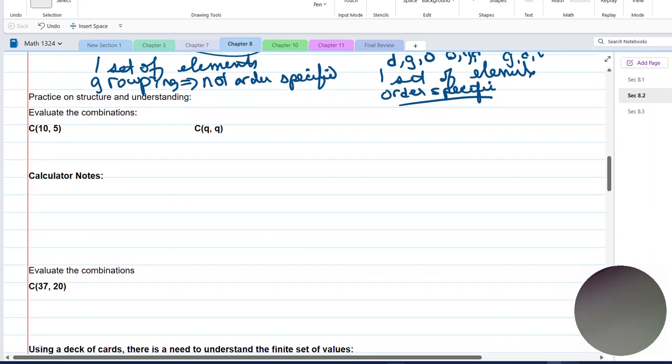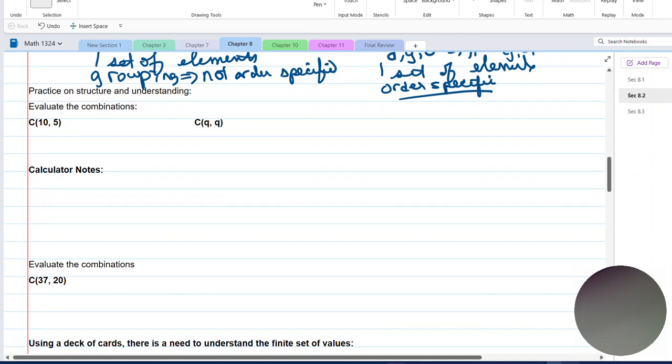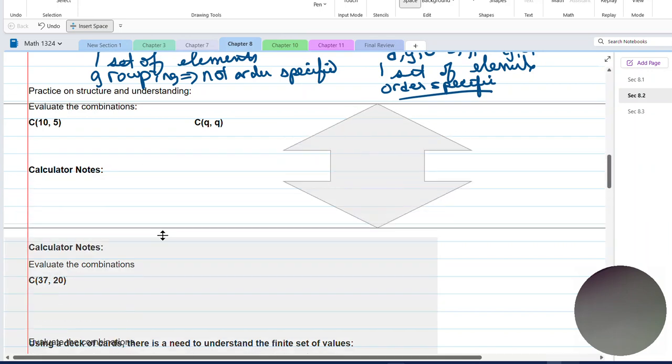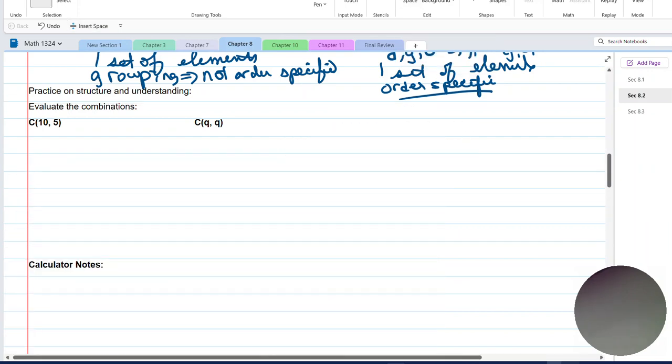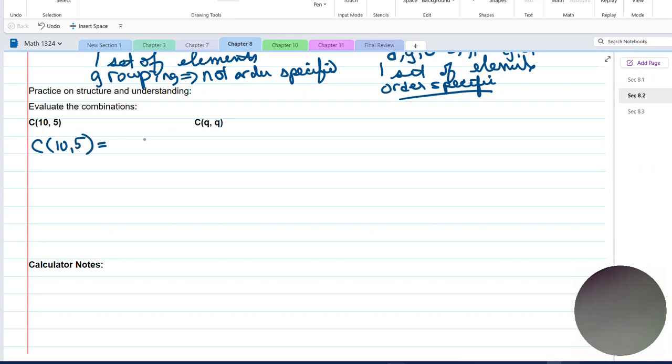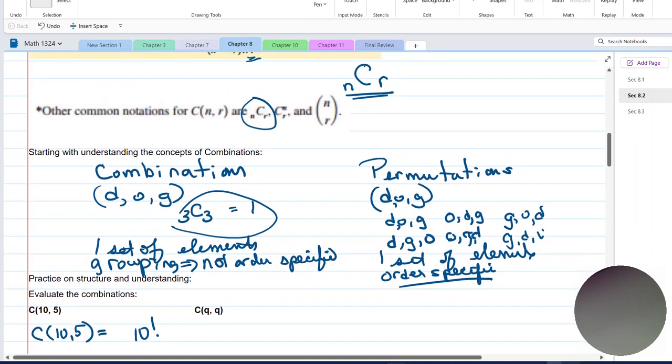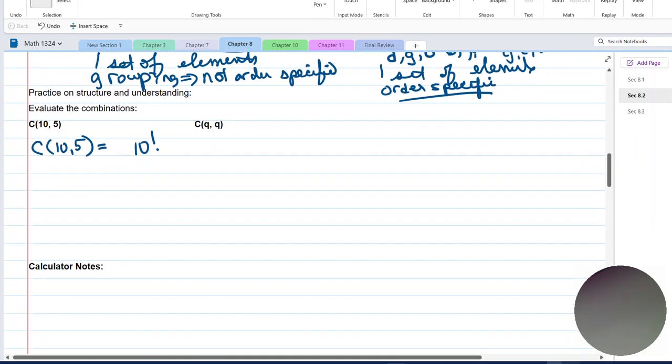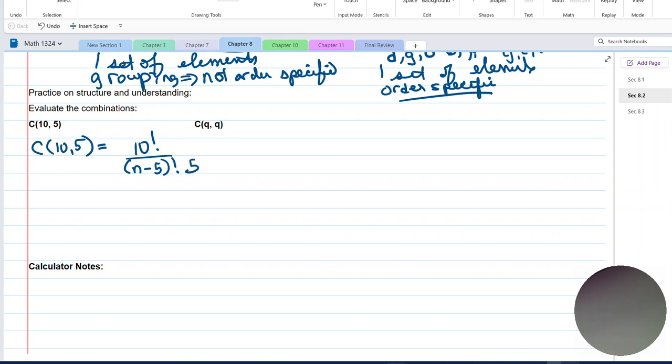So we want to evaluate this one. Let's see first doing it according to the rule. So the C of 10(5) is going to be 10 factorial like before, and it's going to be n minus 5 factorial over 5 factorial.